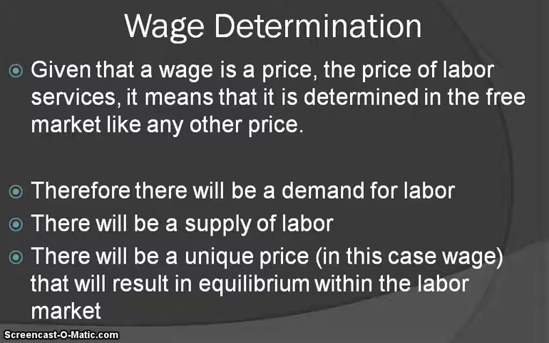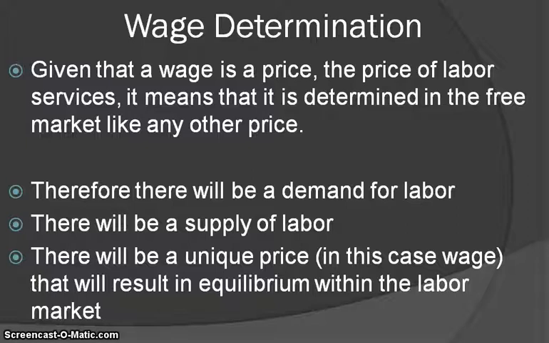Therefore, we can predict that in the market for labor, there will be a demand for labor curve, and there will be a supply of labor curve. And therefore, where these two curves intersect is what we know as equilibrium, which will determine a unique price and a unique equilibrium quantity of labor being demanded and labor being supplied.